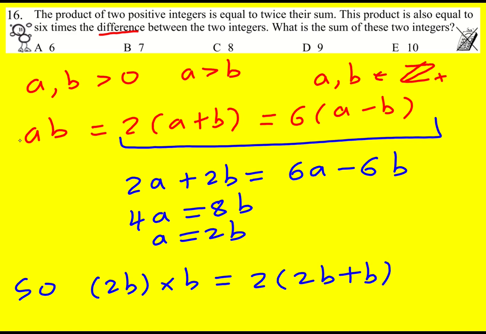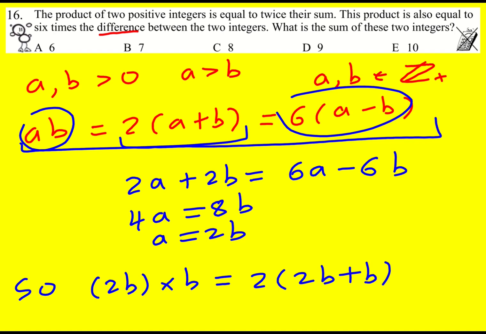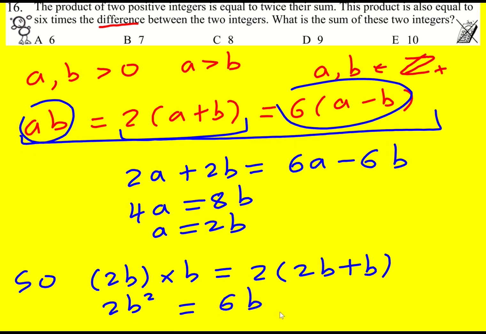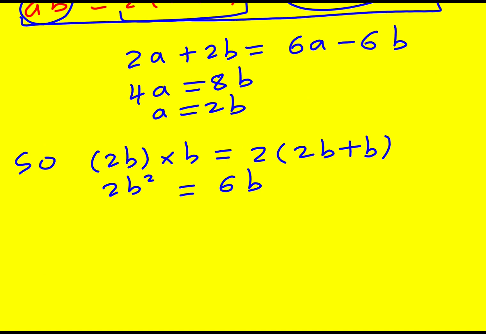I've now put it into the second one, but you could put it into the first one and the third one. You would get the same answer. So that means that 2b squared is equal to, well, 2b plus b is 3b, so that's going to be 6b. I'm going to divide through by 2. b squared is equal to 3b, and I've got myself a quadratic to solve.